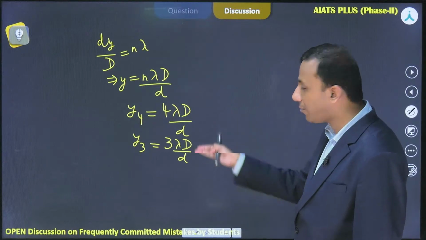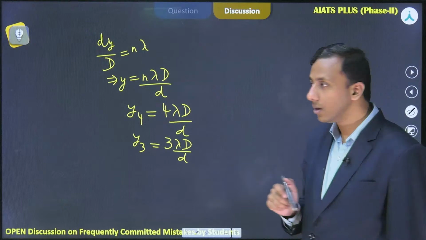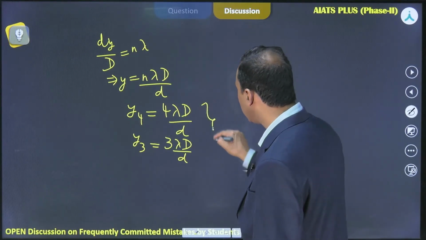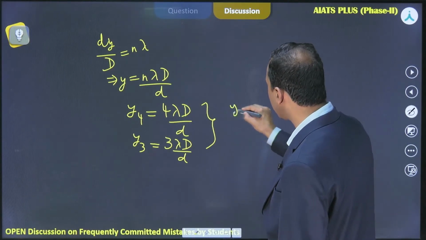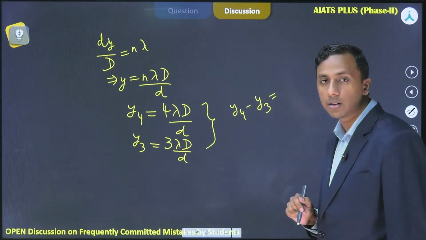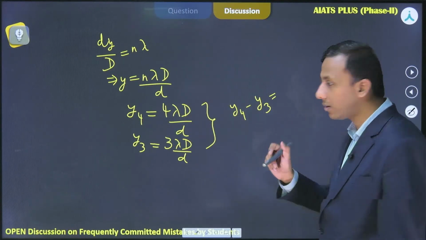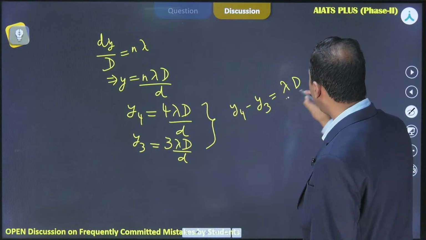So what would be the distance between the two maximas? That is y4 minus y3. What do we call it? We call it beta. If you subtract 4 minus 3, what does that become? Lambda D by small d.